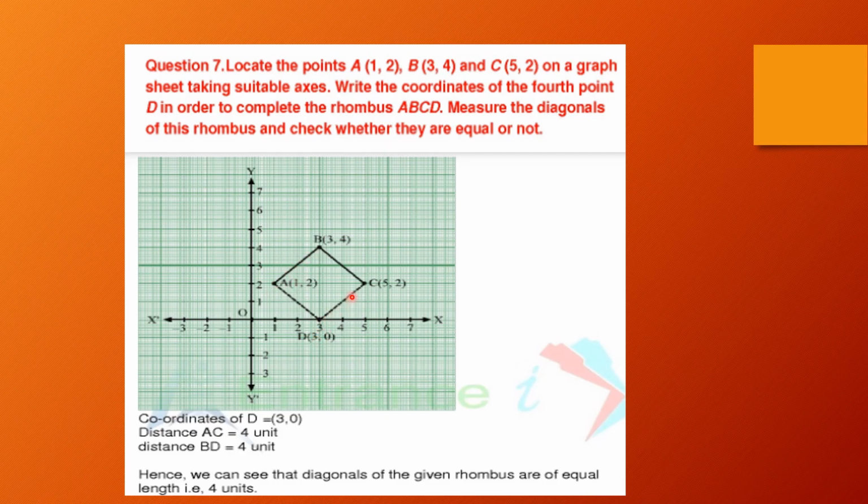Similarly 3 to 5, 2 units, and 1 to 3, 2 units. Now join the point (3, 0) such that it forms point D. Now it forms a rhombus. Measure the diagonals AC and BD. AC is equal to 4 units and BD is equal to 4 units, such that the diagonals are equal. Hence it is proved.